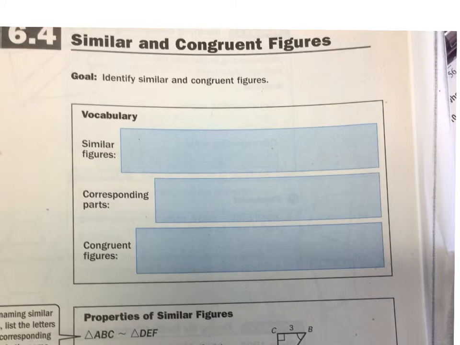The symbol for similar is a sideways squiggle. See that? That means similar. Similar figures have the same shape, but different sizes.